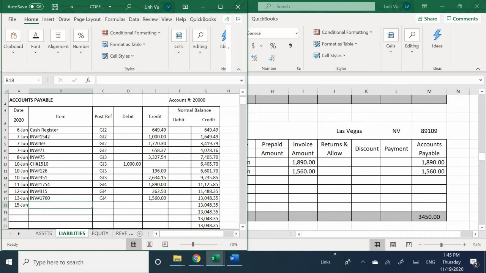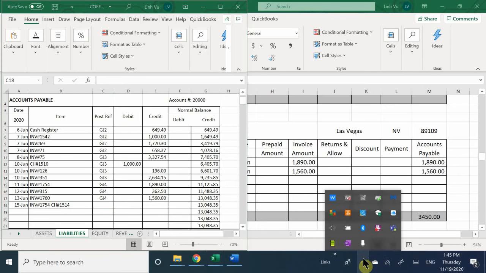The check number, 14. The invoice number from them, which is 1754.